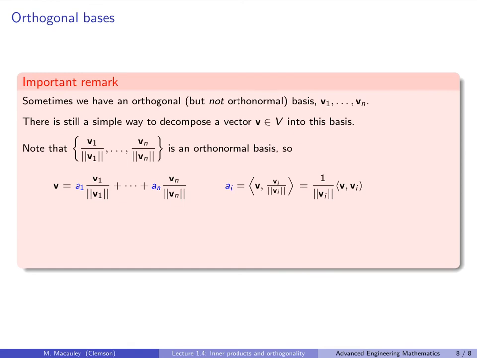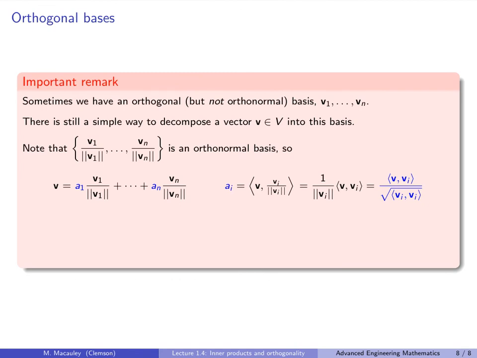Now we can pull this constant 1 over the norm of vi out in front, and now we just get v dot vi divided by norm vi. And we have a formula for the norm of vi, that's just the square root of vi dot vi.